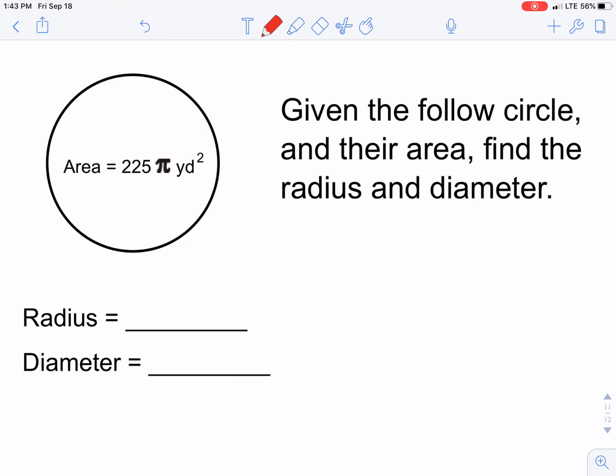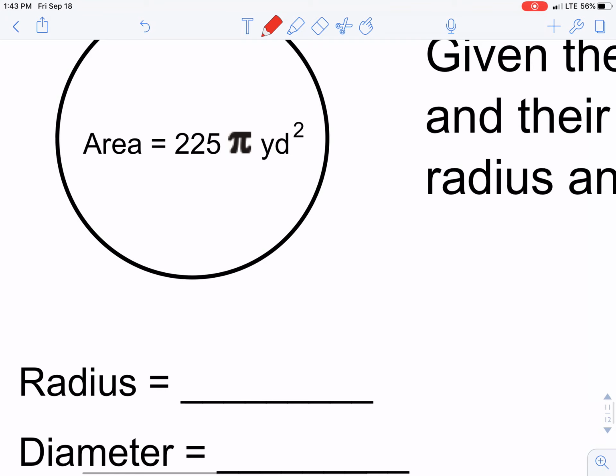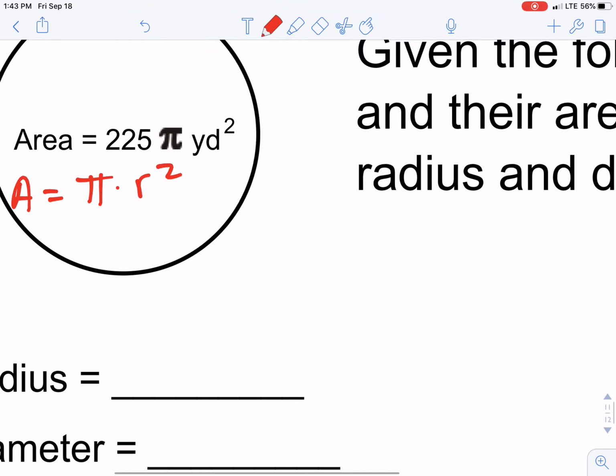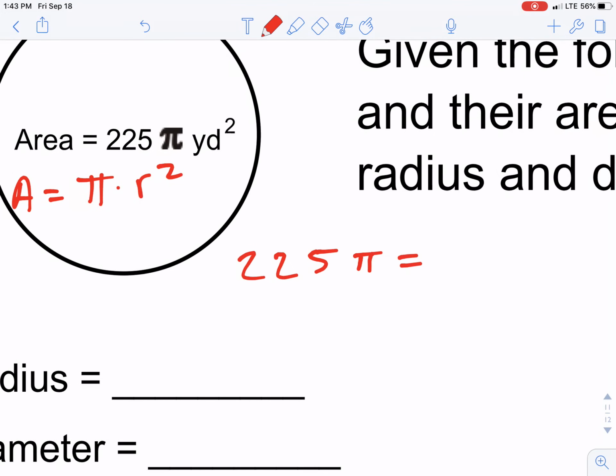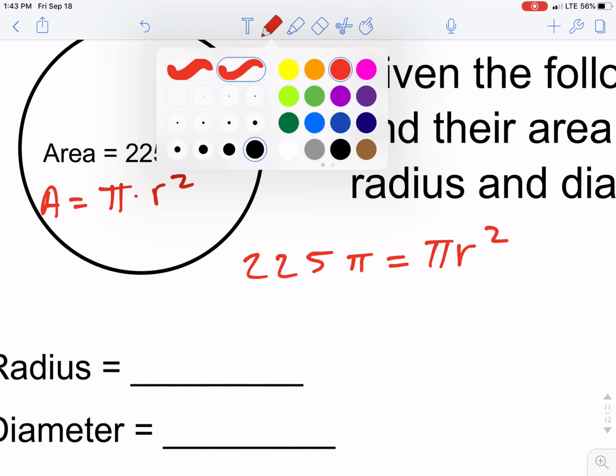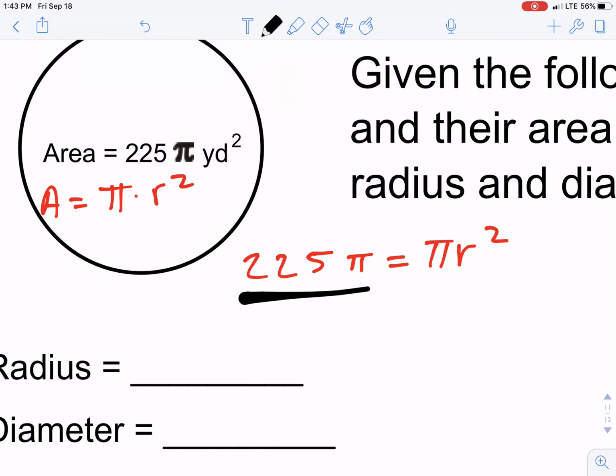All right, so we know area is 225 pi. I also know area is equal to pi times the radius squared. So I'm going to take those two, set them equal to each other. Since both of them have pi, I'm going to divide both sides by pi.